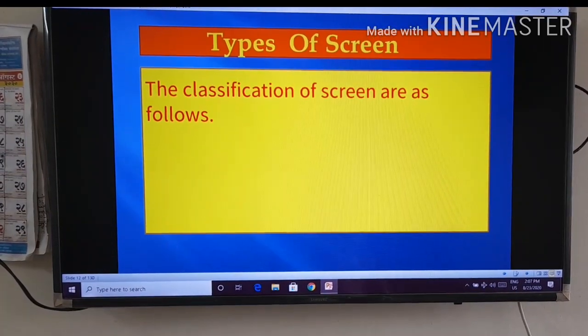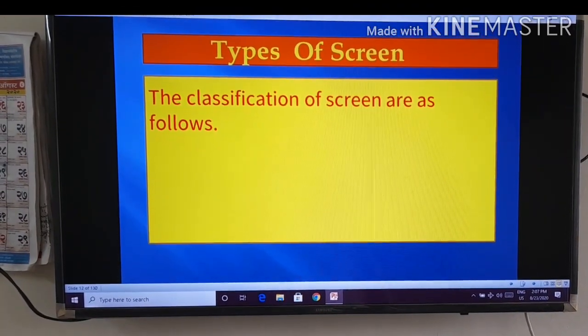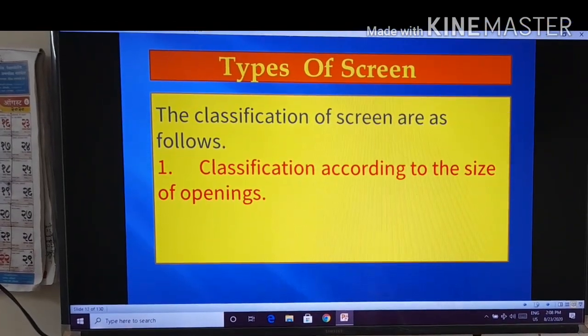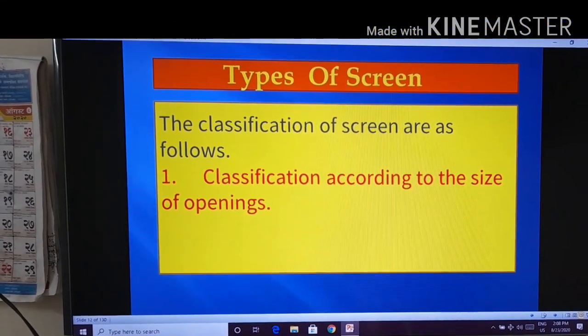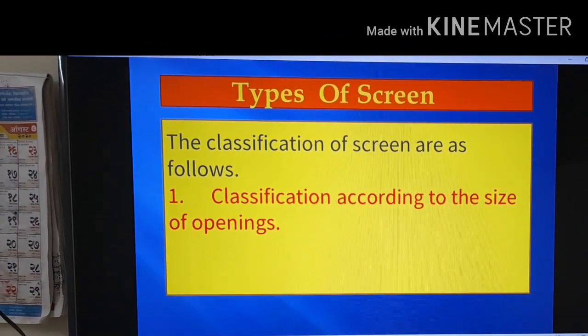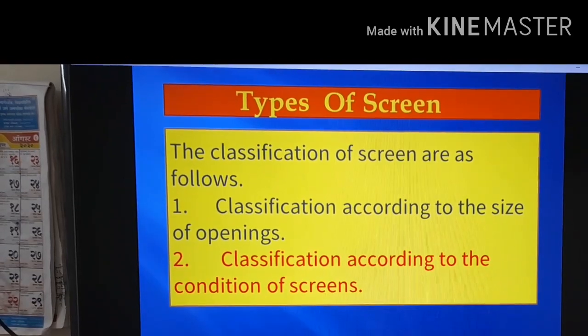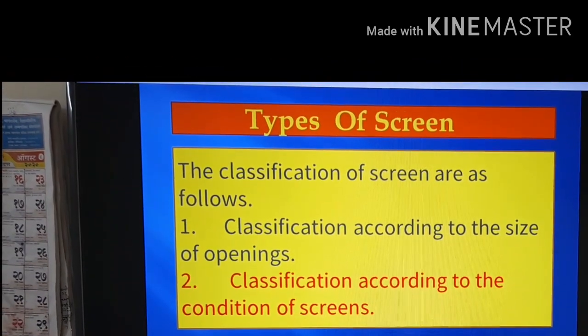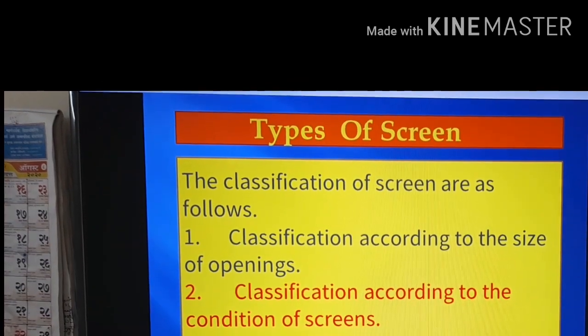Types of screen. First, remember the classification of screens is as follows. First, classification according to the size of openings. Second, classification according to the condition of screens, right?